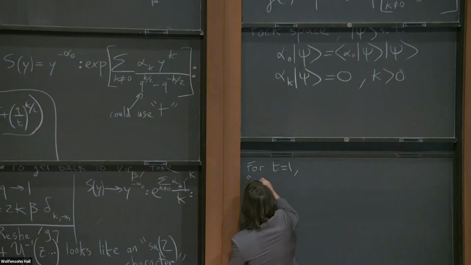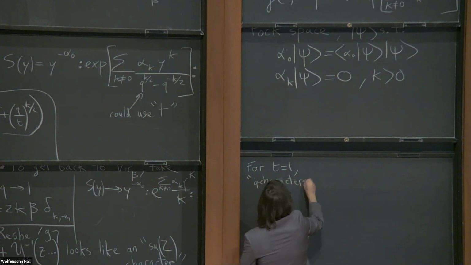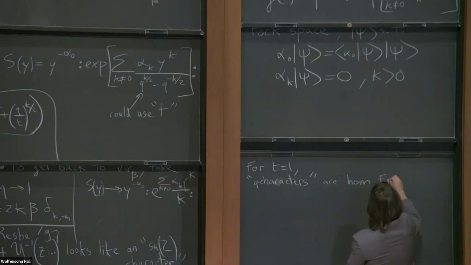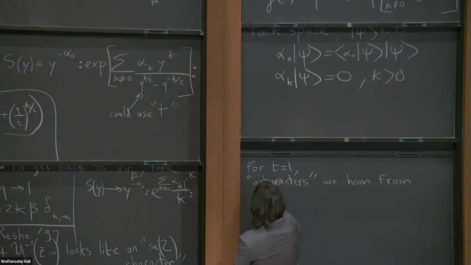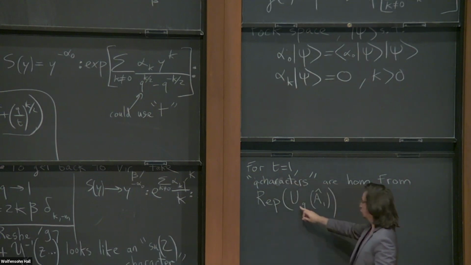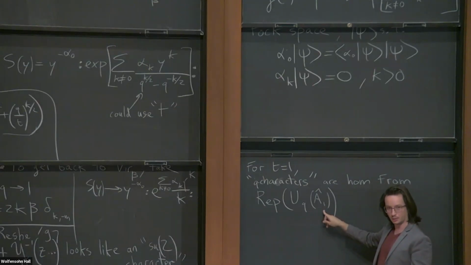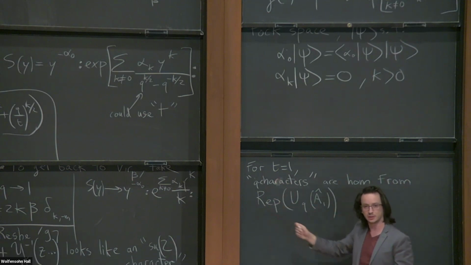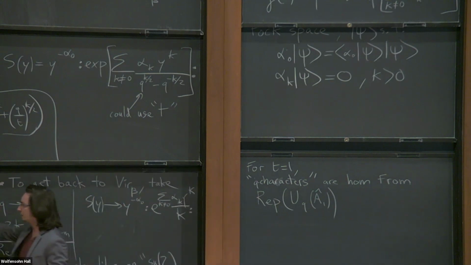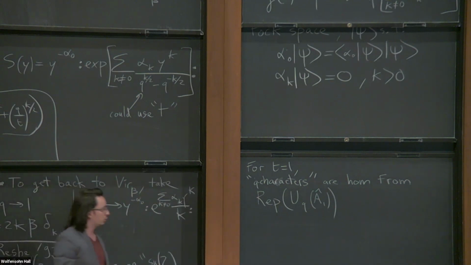Q-characters are homomorphisms from the representation ring of U_q of A1 hat, the quantum affine algebra of affine A1. You can substitute your favorite simple Lie algebra here. The construction still carries through. You just construct the currents that commute with screenings by this requirement, and all such objects realize a character.